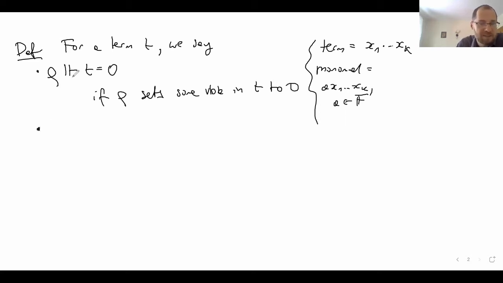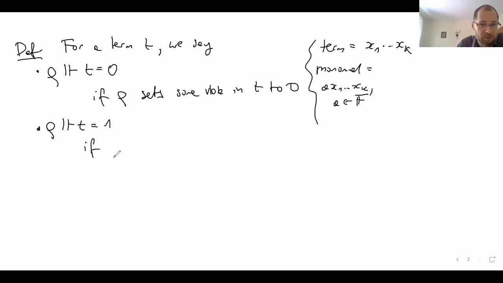So rho makes t 0 if it makes a certain variable 0. That's perfectly legitimate, right? The less trivial case is, well, a term can only have value 0 or 1, so our definition of when rho makes a term 1 is going to be different.